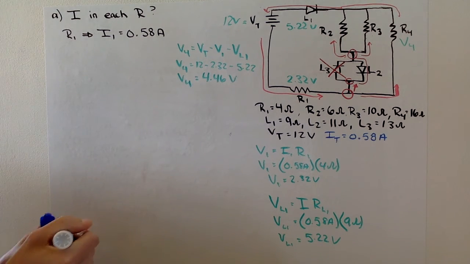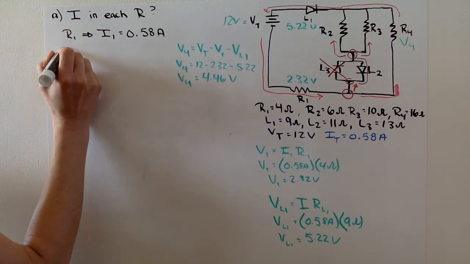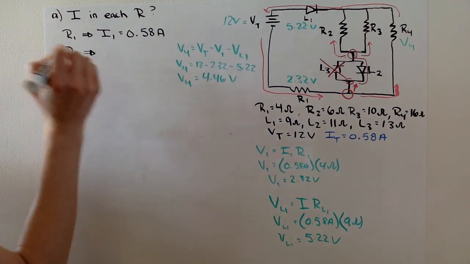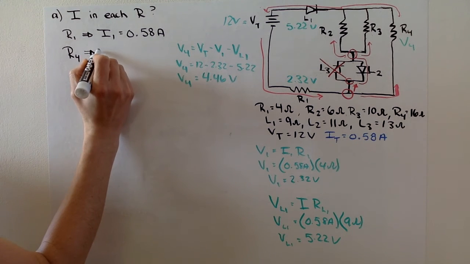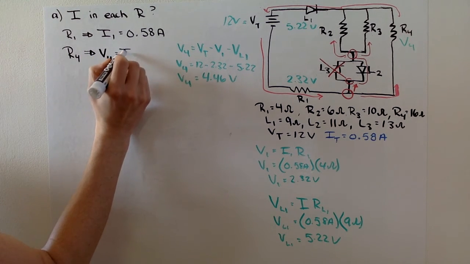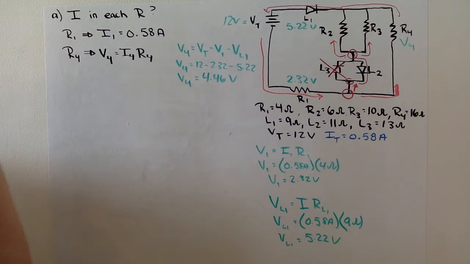Now, that helps me determine the current that will travel through that, because I can find the current through resistor 4. I know I'm doing them a little bit out of order, but this is just easier to do. Right? So we can use V in resistor 4 equals the current through resistor 4 times R, the resistance of resistor 4.